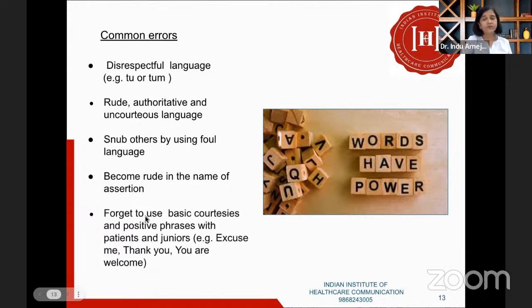And also sometimes we forget the basic courtesies. For example, how many of us say, "Excuse me, I need to take this call" to our patient? Do we ever say it? I don't think so. Sometimes, if you're doing it, I'm very happy. But most of the time we think that I have all the right to take the phone call.